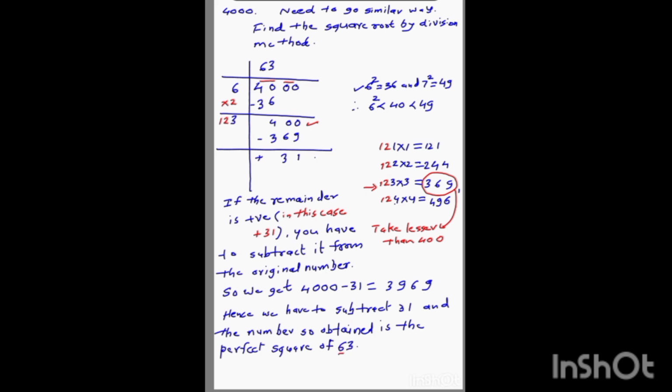See, and where is the 63? We have already found it out. I told you this is 63. So that answer is the square root of the number found after subtracting 31. See now the final answer, the square root is 63. Okay, fine.